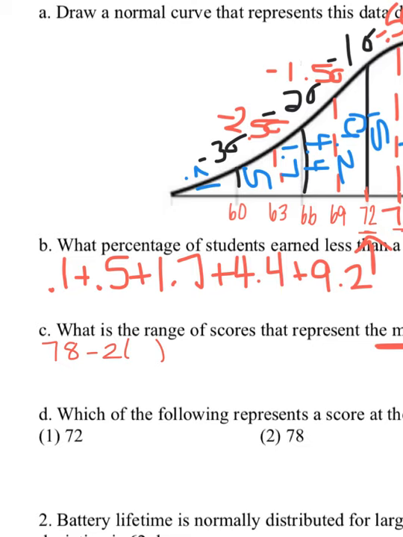So 78 minus 2, the standard deviation is 6. That gives me a score of 66. That's the low end. And then +2 standard deviations would give me a score of 90.